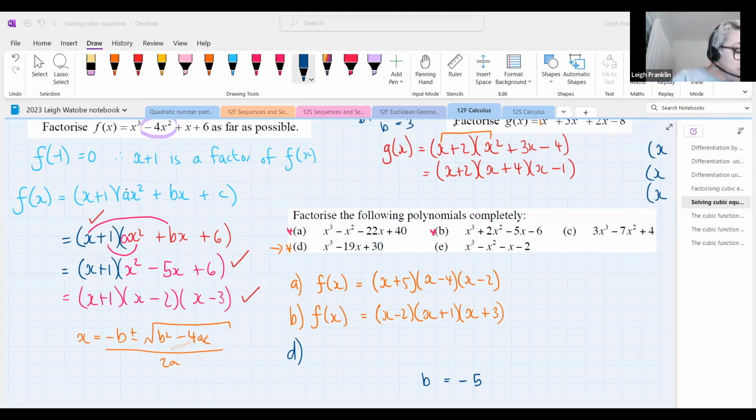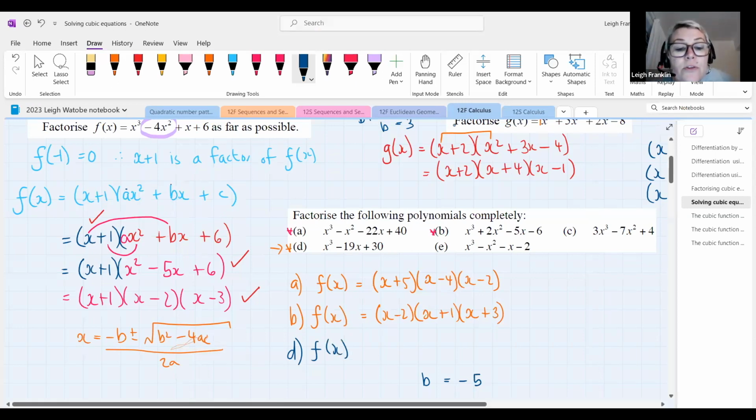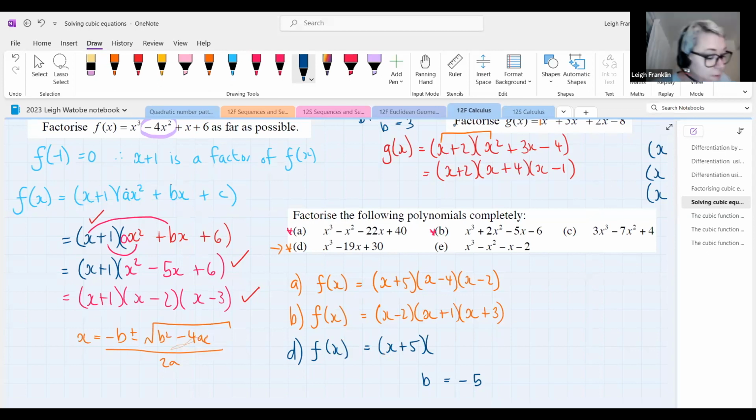And then there were a couple of you that shared your answers for D as well. So as far as D is concerned, let's see if I get the same thing. In D, let's call that f of x2. We should have ended up with one bracket x plus 5, another bracket x minus 3, and your final bracket x minus 2.